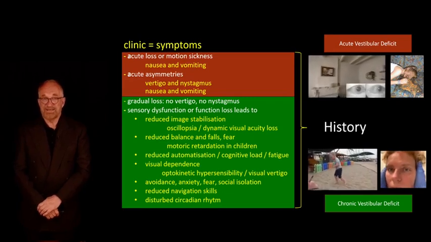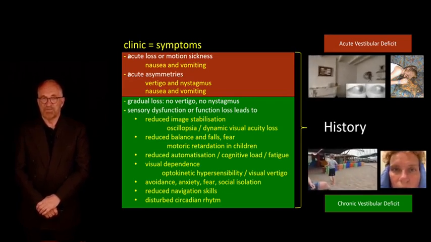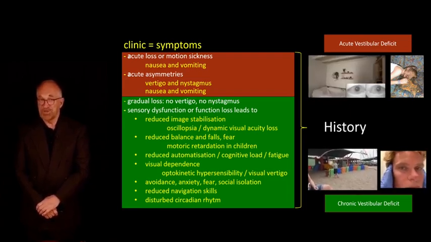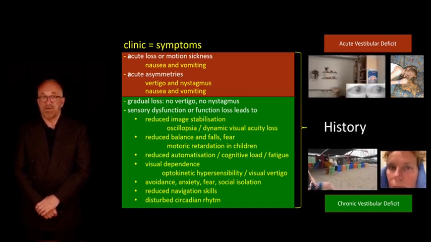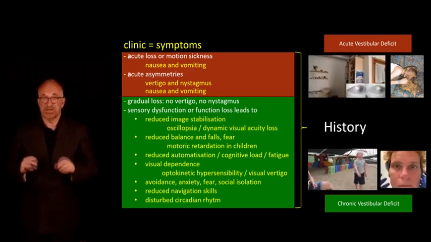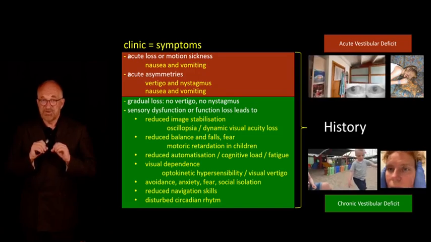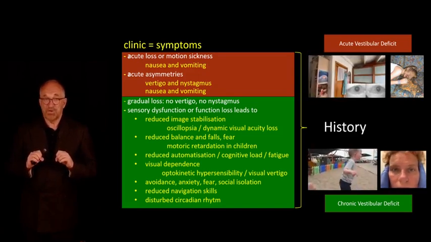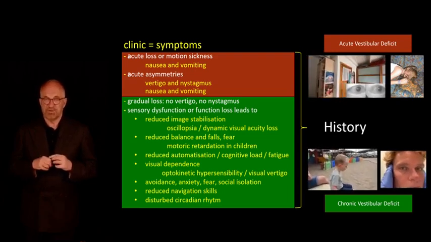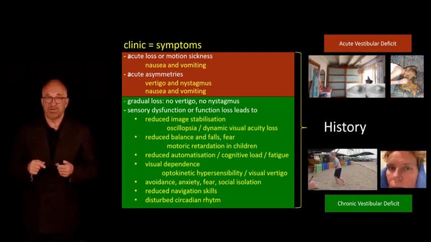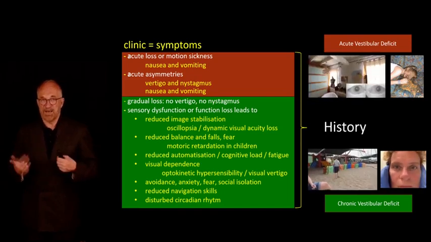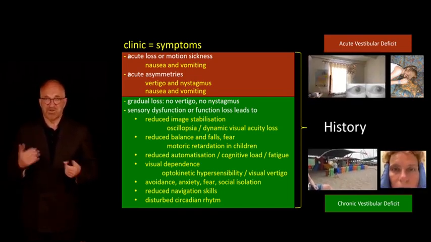So here you see the list of symptoms. In acute loss or motion sickness, you have nausea and vomiting. In case of acute asymmetries, you also have the vertigo and the nystagmus, the nausea and the vomiting. When there is a gradual loss, there's no vertigo and no nystagmus. If you lose vestibular function, no matter how that happens, you get all kinds of problems with image stabilization, with balance, automatization of many things.